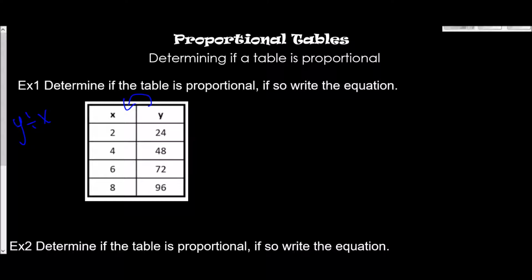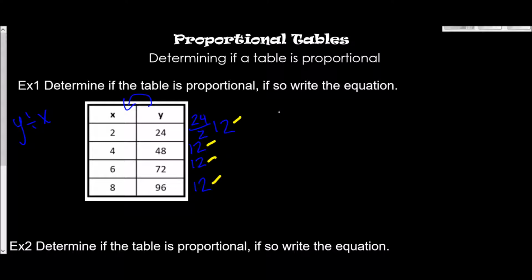I'm always dividing backwards. So for this first one, I'm going to do 24 divided by 2, which gives me 12. 48 divided by 4, 12 again. 72 divided by 6, 12. 96 divided by 8, 12. Because I have this repeated number, I can write my equation.